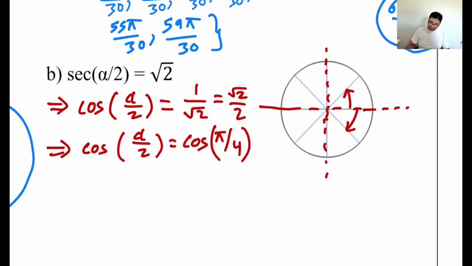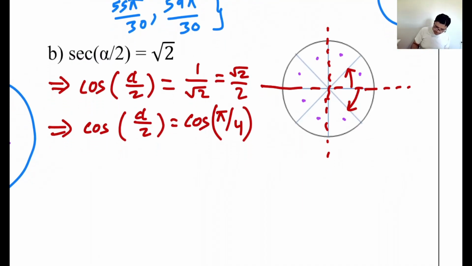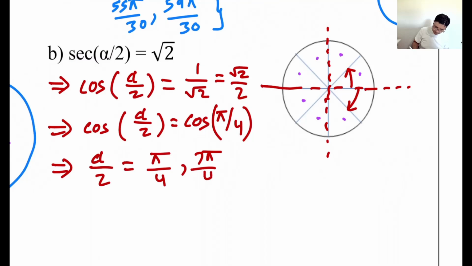But instead of writing minus pi over 4, I'm going to count 1, 2, 3, 4, 5, 6, 7. That's 7 pi over 4. So I will say alpha over 2 is equal to pi over 4 and 7 pi over 4 to begin with.